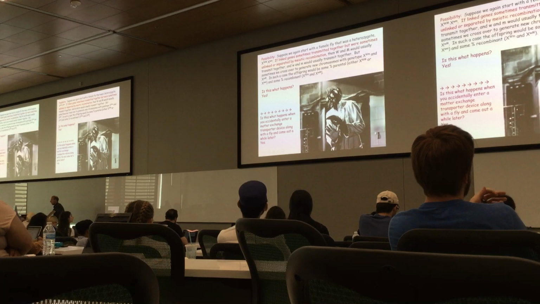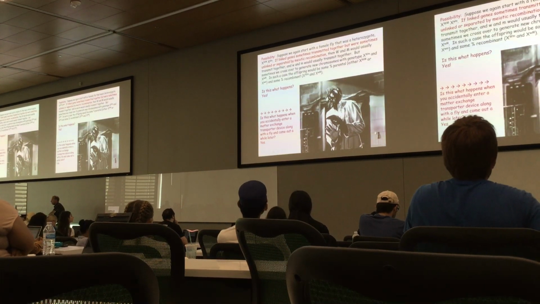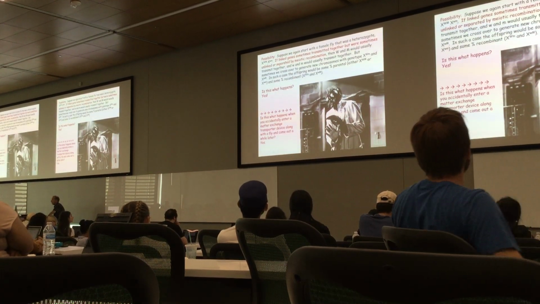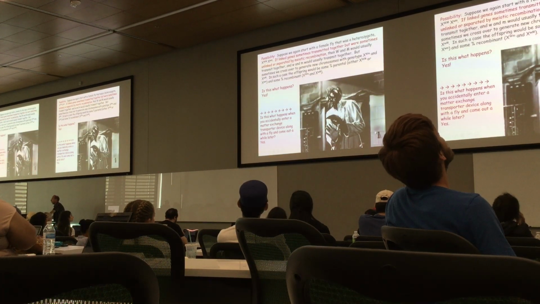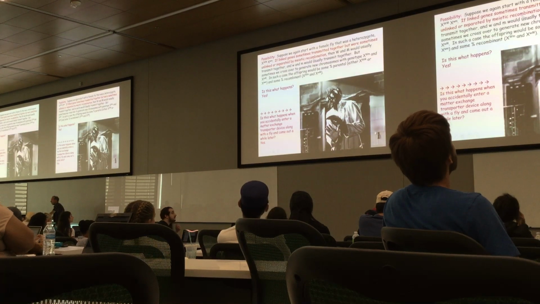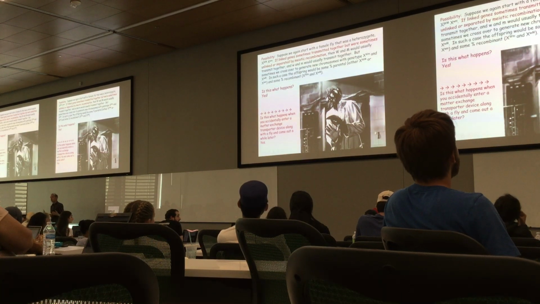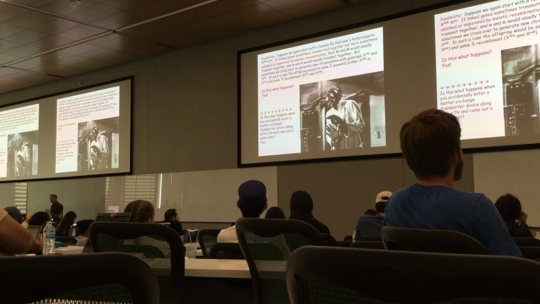Okay, so our possibility here is, again, we start out with a heterozygote female fly. If linked genes were sometimes transmitted together, but were sometimes unlinked or separated by meiotic recombination, then usually you get a parental chromosome of big W, big M, or small w, small m.